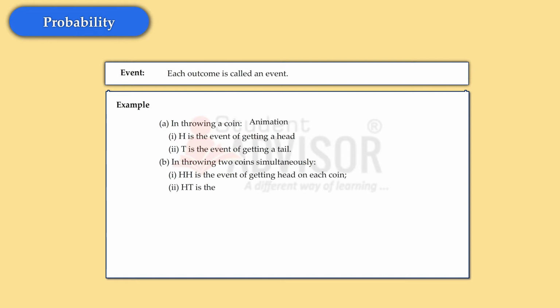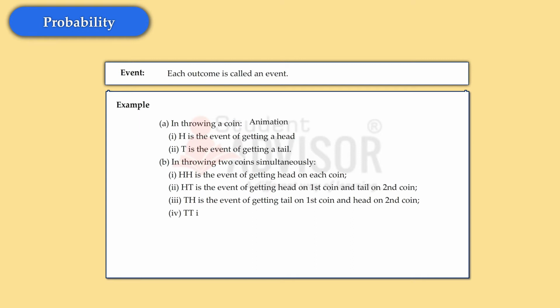Head-tail is the event of getting head on first coin and tail on second coin. 3. Tail-head is the event of getting tail on first coin and head on second coin. 4. Tail-tail is the event of getting tail on each coin.